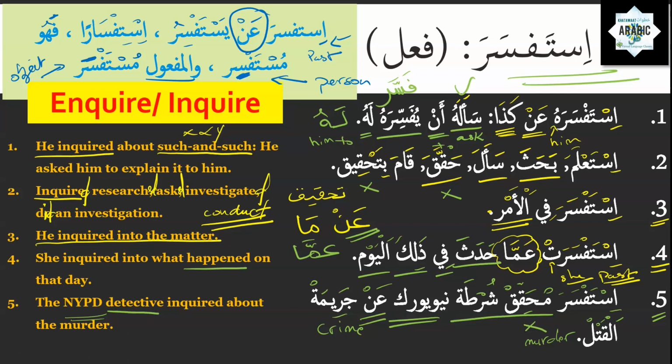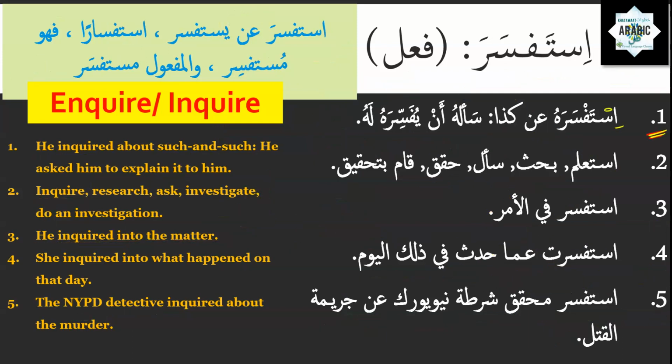Now we're going to read the exact same sentences without these notes. استفسره عن كذا. سأله أن يفسره له. استفسره عن كذا.